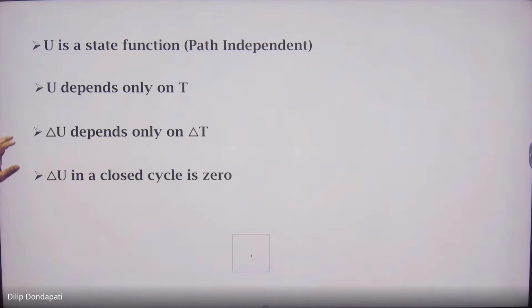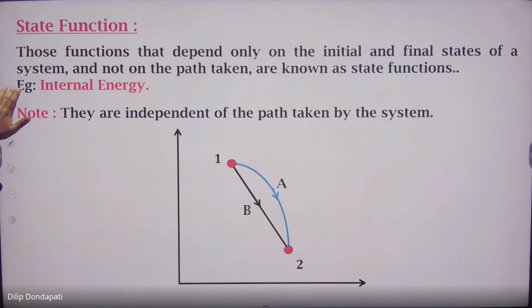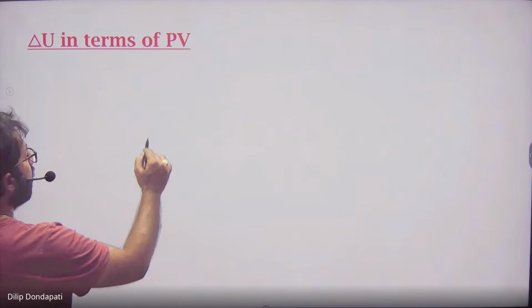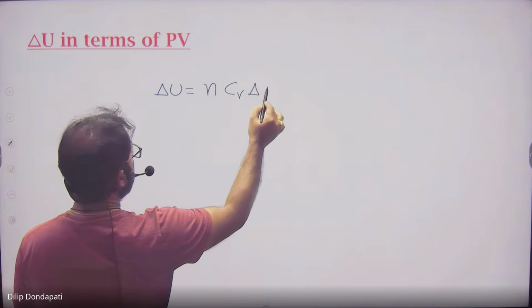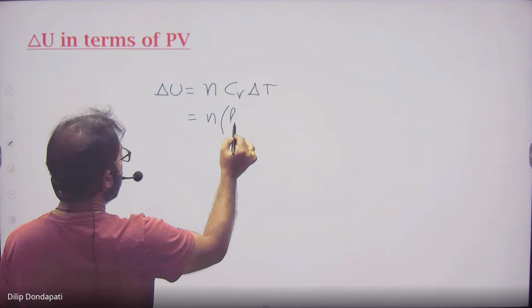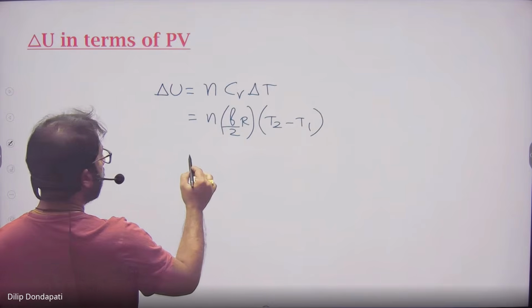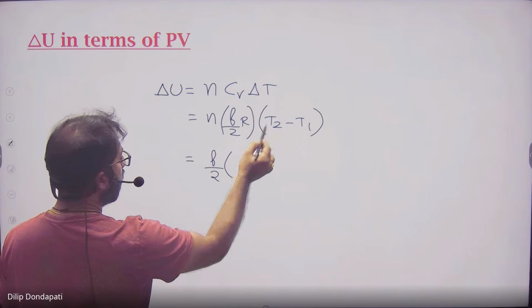ओके, state function के बारे में definition मालूम है आपको. ओके, जरूरत नहीं है आपको, मालूम है, right? It is path independent. Now delta U in terms of PV में चाहिए, pressure और volume में. क्या formula आएगा? Delta U is equal to n into Cv delta T, right? n into F by 2 R into delta T, T2 minus T1. So F by 2, if I take common, nR T2 minus nR T1.